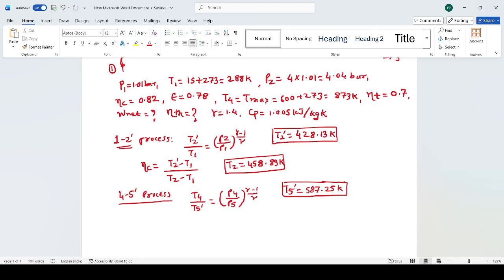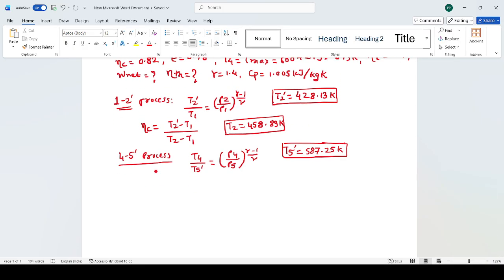Now I will take into consideration the turbine efficiency to determine the temperature after the actual expansion. The turbine efficiency I can express as the actual temperature drop, that is T4 minus T5, divided by the isentropic temperature drop, that is T4 minus T5 dash.